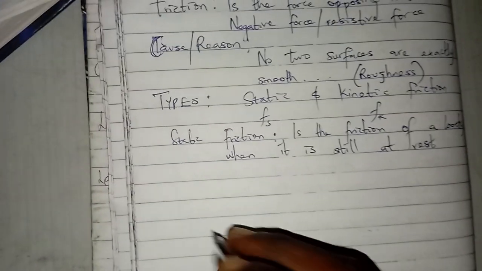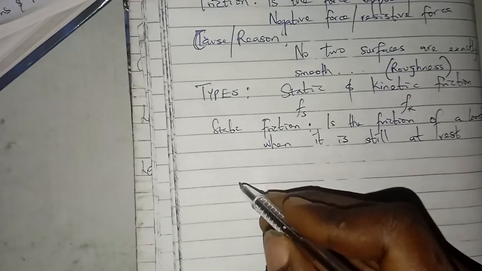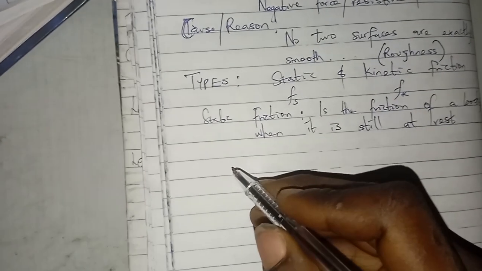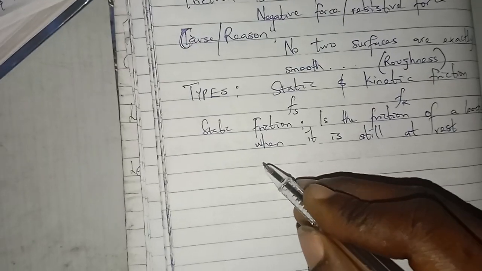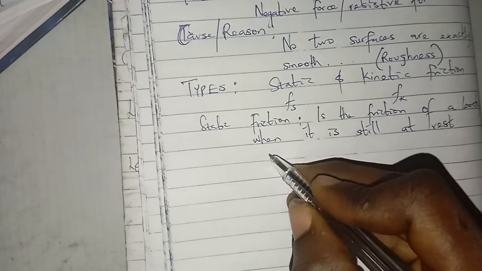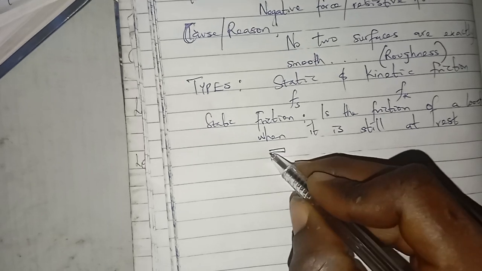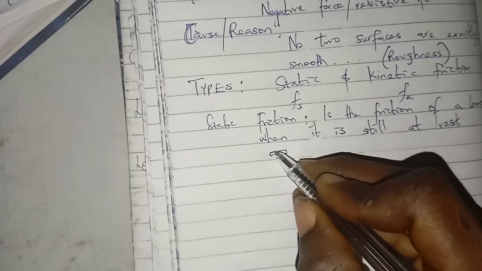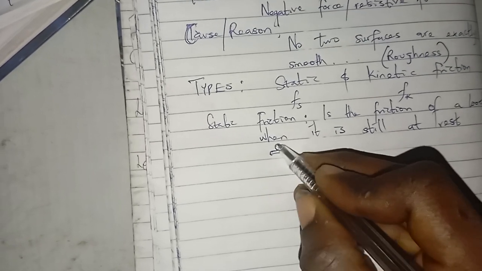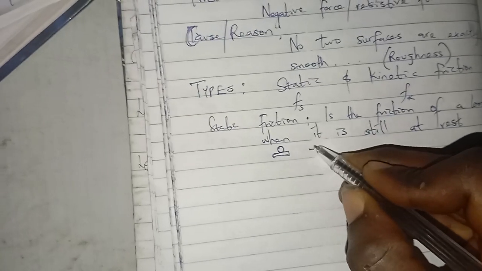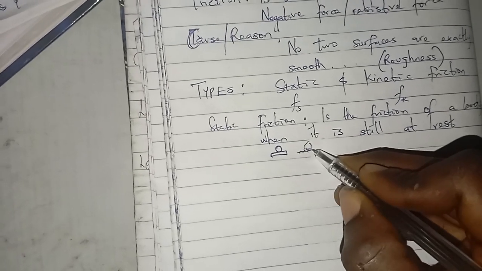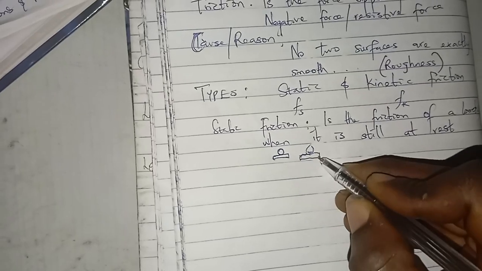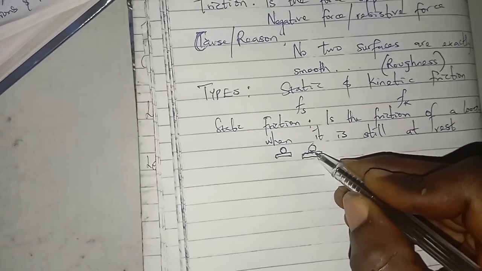So if you know this, it simply means that before the body starts moving, it also has friction, and that friction will even be more, because if this surface is very rough and I keep a ball on it, let's say this ball has minute spaces or minute roughness on it, and this table has minute surfaces, before it starts moving it's very glued, unlike when it has started moving.